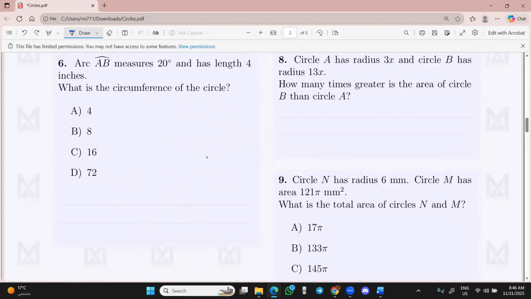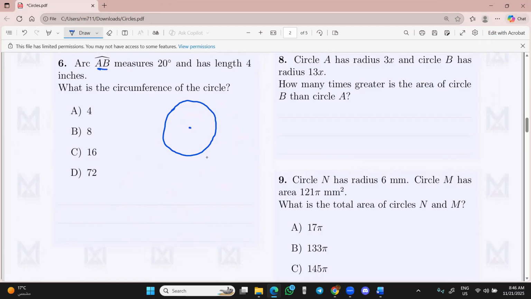Question number 6. Arc AB measures 20 degrees and has length 4 inches. What is the circumference of the circle? So here we can just draw a circle like this, because drawing can help you to get the idea easily. This is a circle.